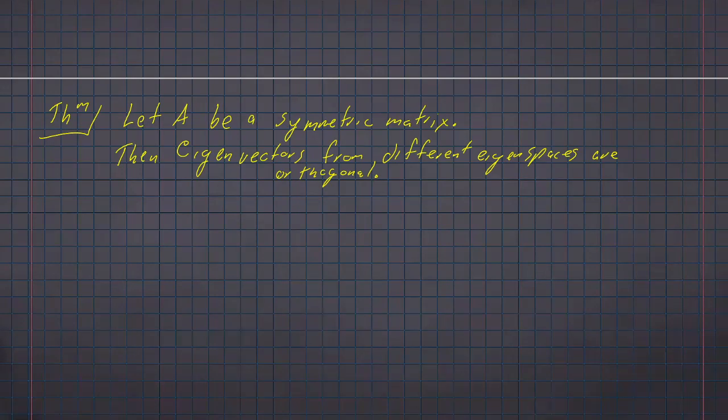Then eigenvectors from different eigenspaces are orthogonal. Again, assuming the Euclidean vector spaces and the Euclidean dot product. And the proof here is fairly ingenious, I think.